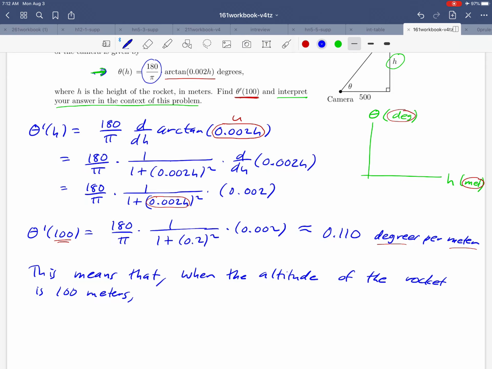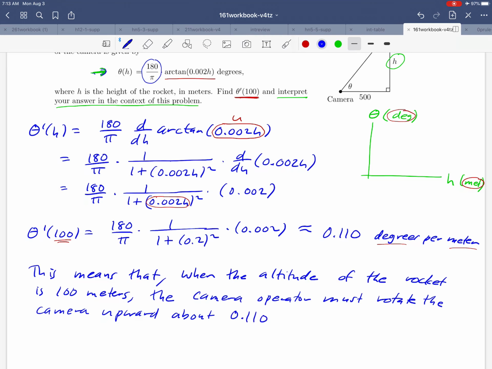That 0.110 degrees per meter is telling us that the camera operator must rotate the camera upward about 0.110 degrees for each meter of altitude that the rocket gains.